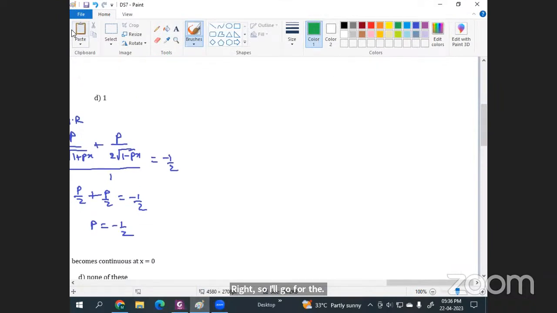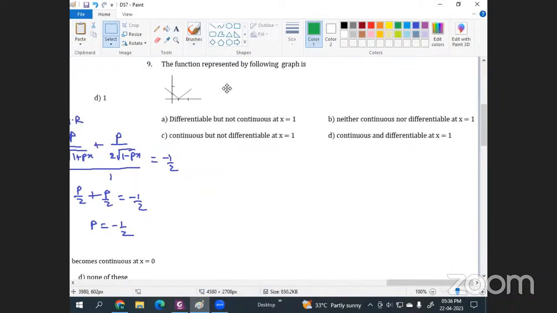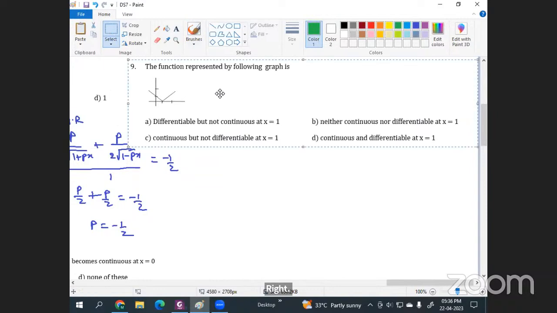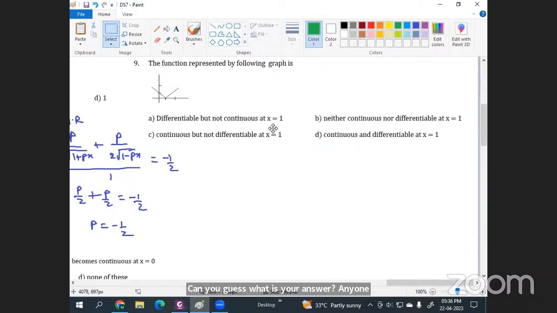Can you guess what your answer is? Anyone can give the answer here. Children, your time starts now. Which is the right option? The function represented by the following graph has a sharp point. Check at which place it is given. I want the answers.